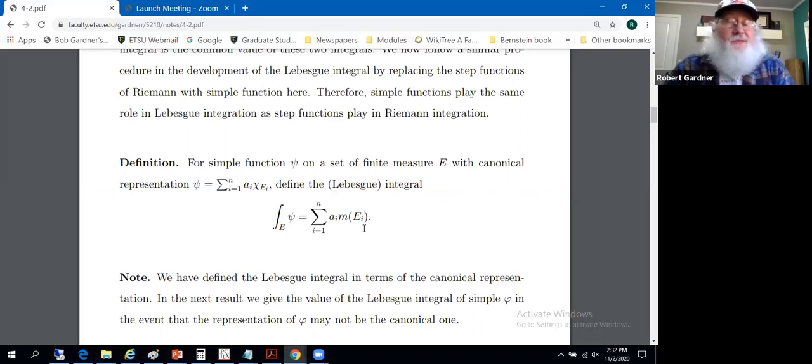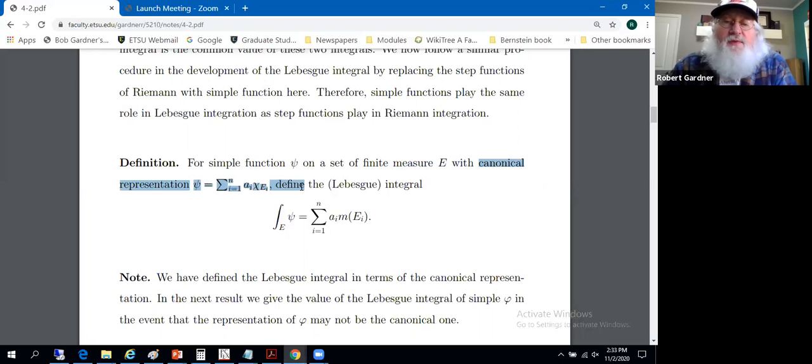They're still sort of like base times height. Heights are the a sub i's, the y values, and the bases are measures of sets. I've been promising we were going to deal with Lebesgue integration using function values times measures of sets, in homage, I guess, to Riemann, an idea of Riemann sums and adding up areas of rectangles. Similar type thing here.